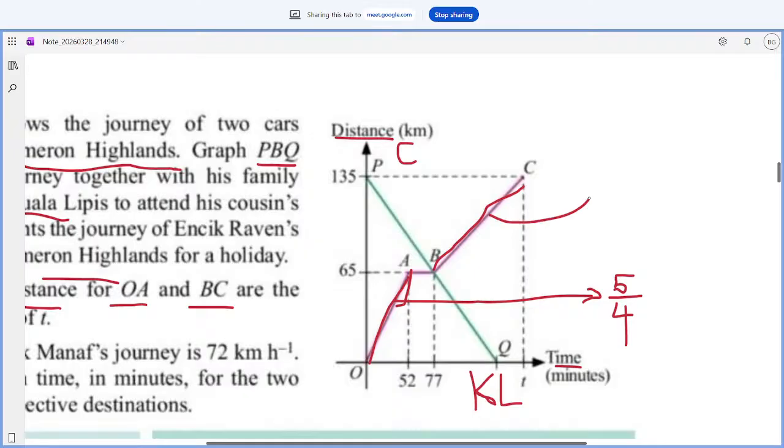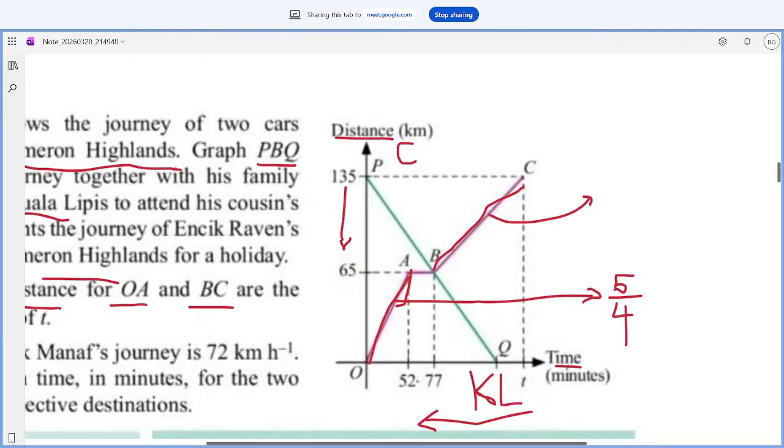BC, guys, can you tell me what is the gradient? Give me your answer in terms of T for the BC gradient. Let me see. Are you sure? For BC, you must take this one minus this one, and this one minus this one: Y2 minus Y1 over X2 minus X1.